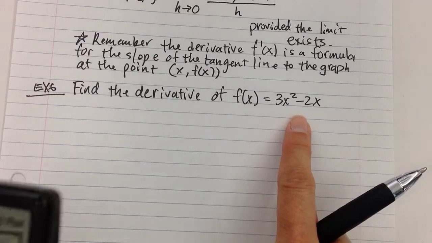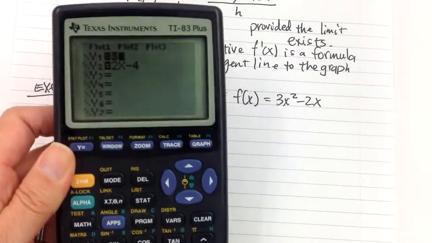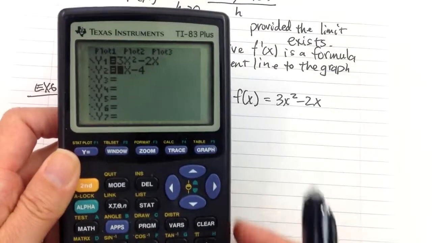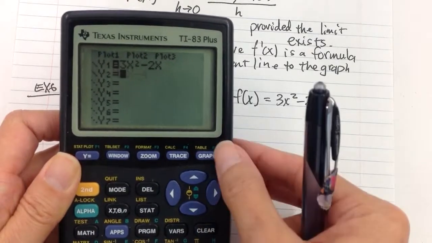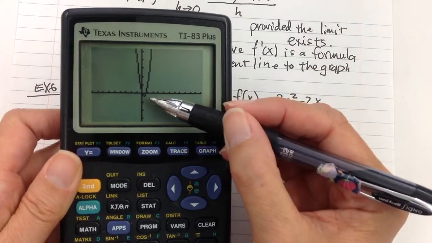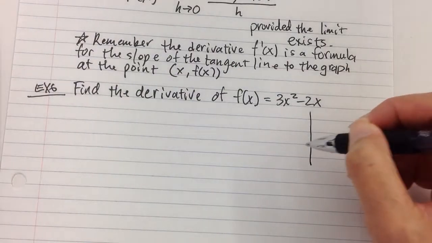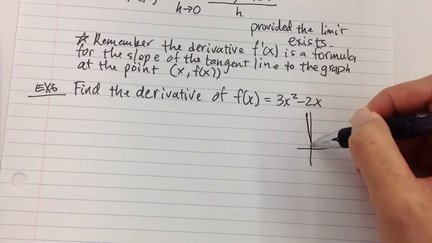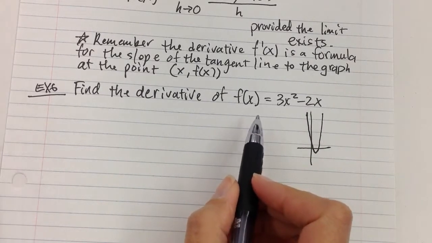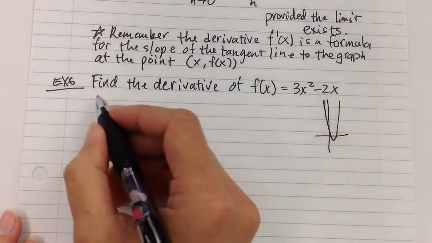Parabola, it's an x squared. So let me put the correct equation in here, 3x squared minus 2x. I'll delete this other equation. Let me graph it. Okay, so the vertex is somewhere in the 4th quadrant. And it's a very narrow graph, so I'll go something like that. Okay, but we don't really care about the vertex. We want to find the derivative, which tells us the tangent at any point on this graph.